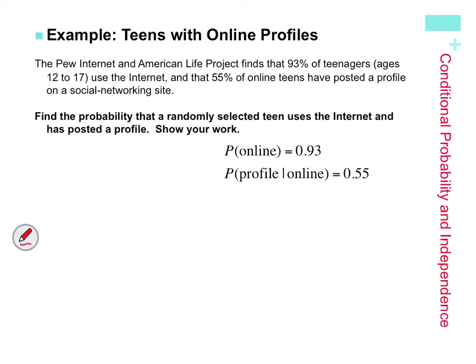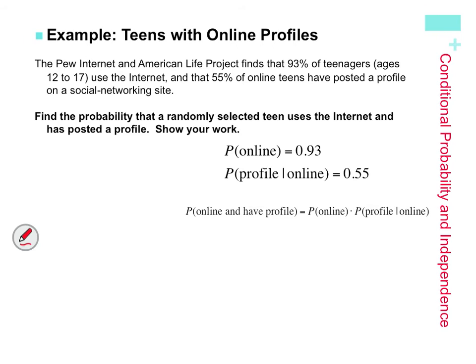We already know that the probability that they use the internet is 93%. And the probability that they have a profile, given that they use the internet, because it says of online teens, is 0.55.